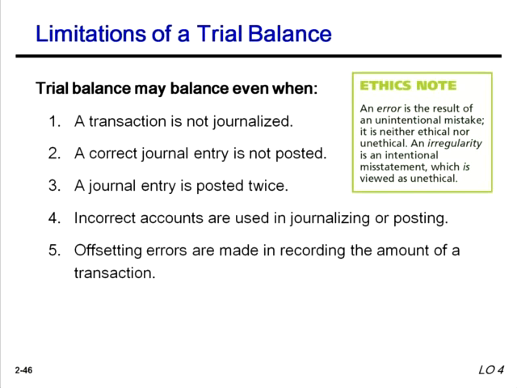And then offsetting errors can be made in recording the amount of the transaction. So the point is that the equality of the trial balance is not a guarantee that there are no errors.